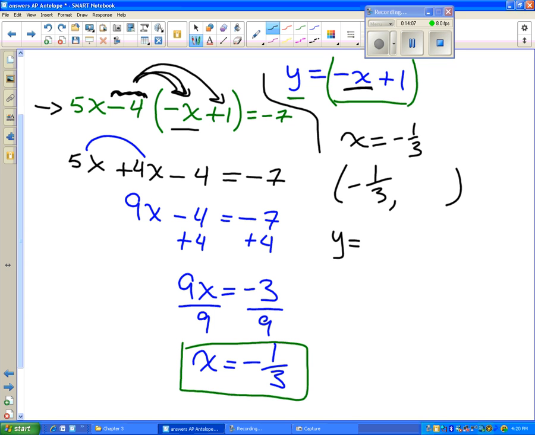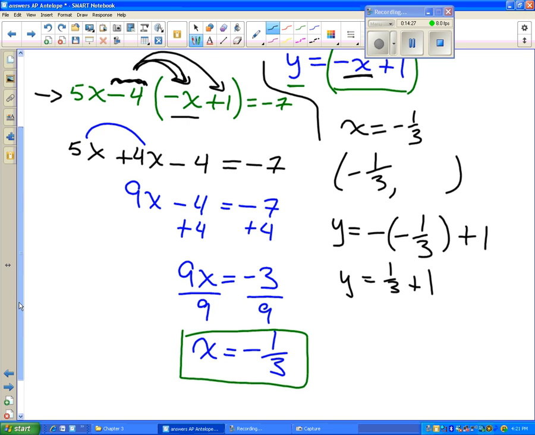Y is equal to negative 1/3 plus 1. Negative 1/3 is 1/3 plus 1. Remember, now I could say this is 1 and 1/3, but that type of answer is not on my homework.